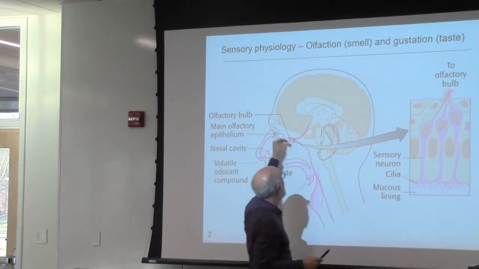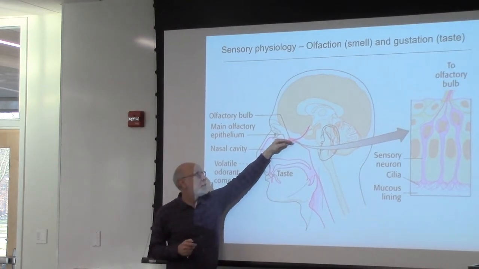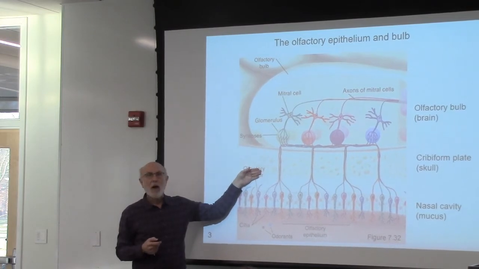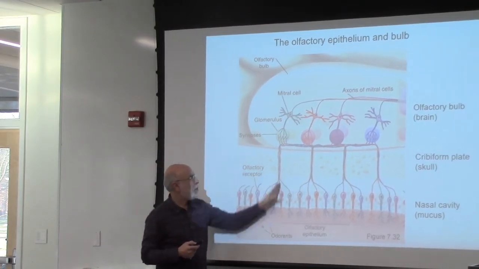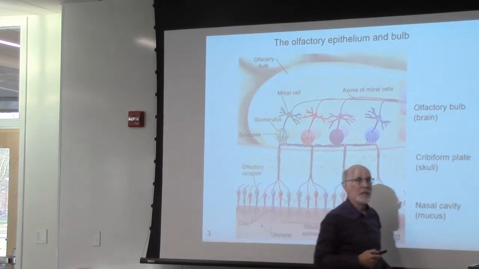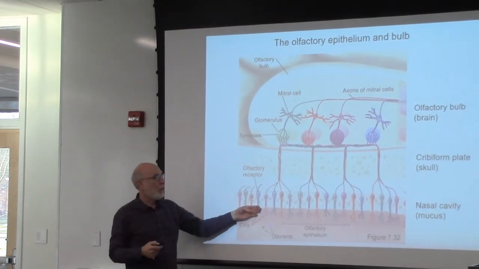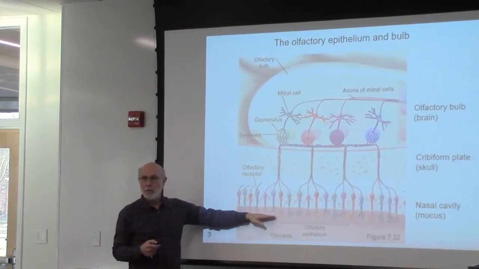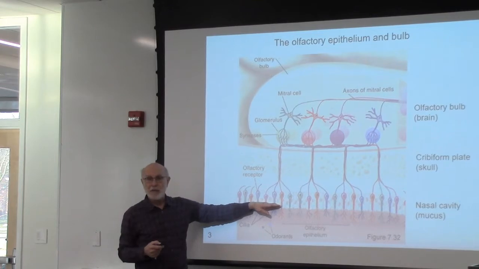At the roof of the nasal cavity is a specialized bone, part of the skull, called the cribriform plate. And it's perforated. It's perforated because nerve axons from the olfactory epithelium pass through it. So this is the top, the roof of the nasal cavity. This is the bone at the roof of the nasal cavity.